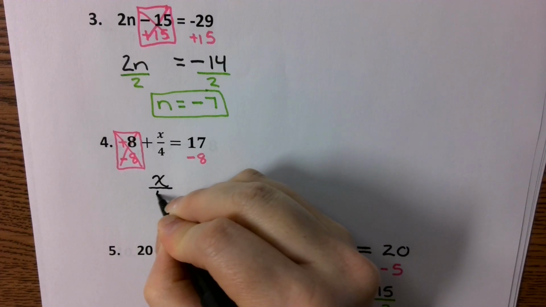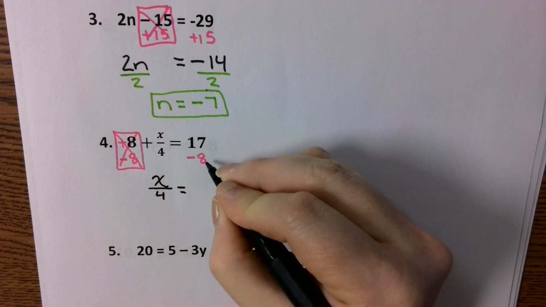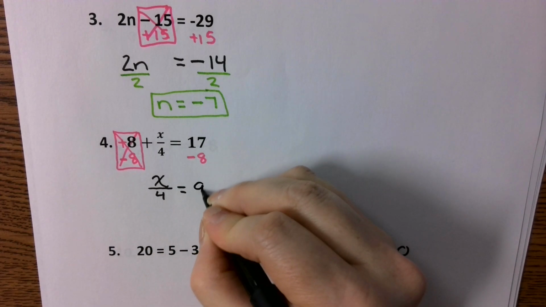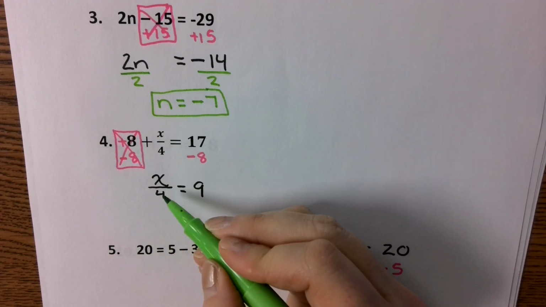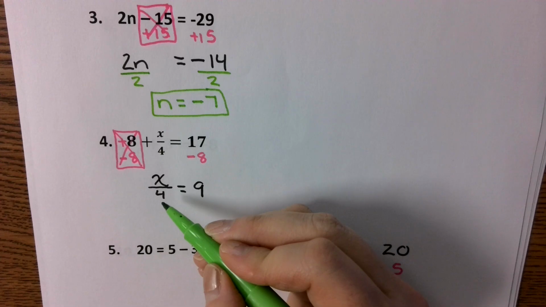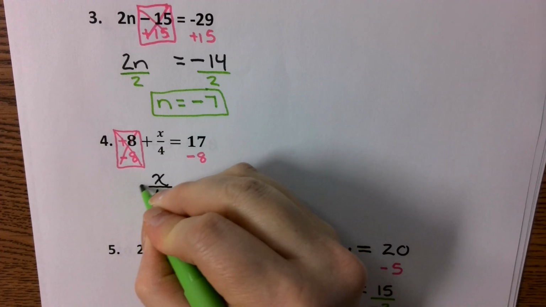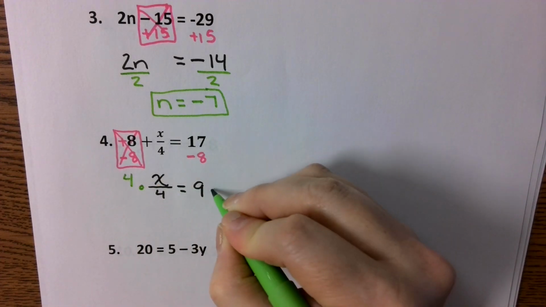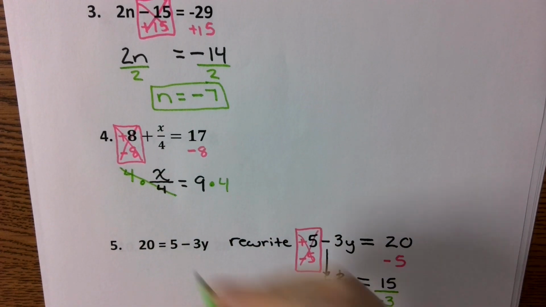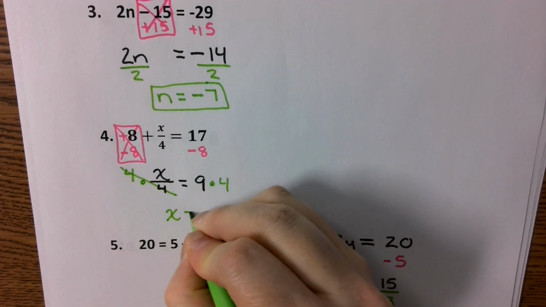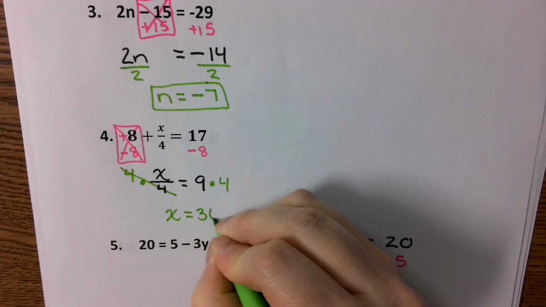And then 17 minus the 8 is going to be 9. X over 4 is division, right? This says x divided by 4, so the inverse is to multiply. We're going to multiply both sides by 4, so the 4s get crossed off, and we'll have x is now equal to 36.